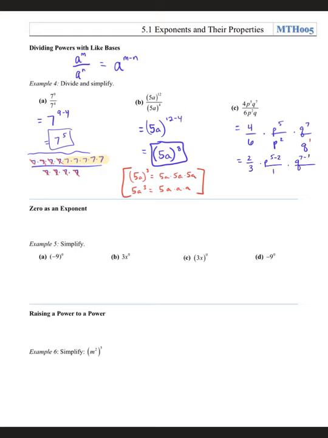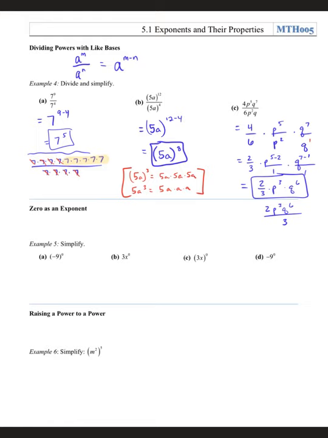So 7 minus 1, and then again, it has a denominator of 1. And then we can simplify this. So we get 2/3 times p to the 3rd times q to the 6th power, and that would be our answer. You could also write this as 2p cubed q to the 6th, all divided by 3. Either way is perfectly okay.